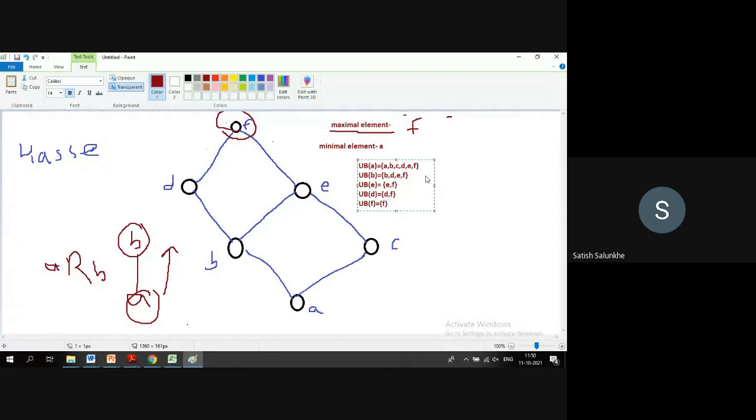Okay. Similarly, you can find the upper bound not only for a single element but for a combination of elements.